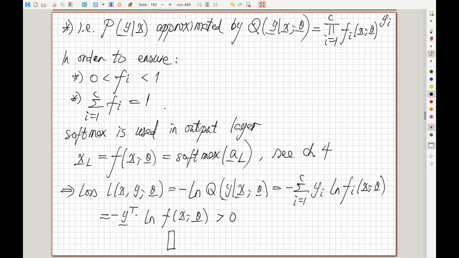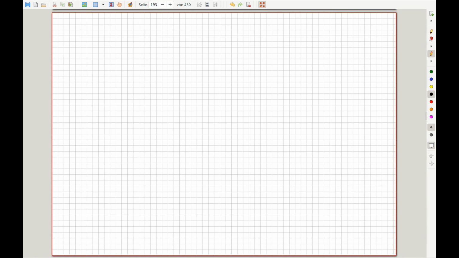We have a negative sign, so this loss is greater than or equal to 0. And this is called, so the final line today, you can say this is called the categorical cross entropy loss.